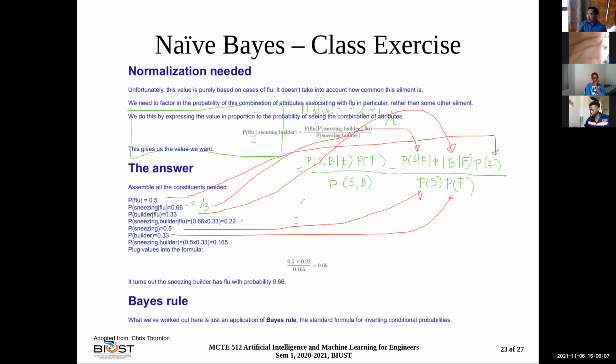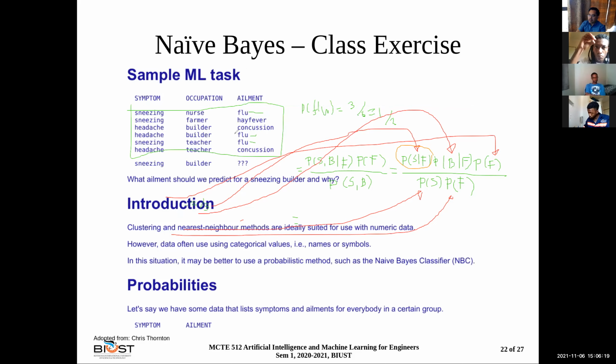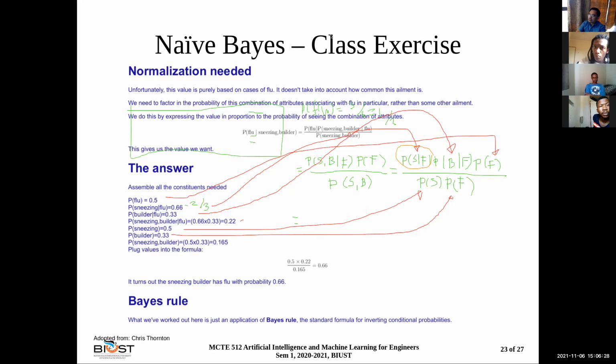Okay, so we know this part, given flu and sneezing. The next part is given flu and is a builder. There are 3 flus and 1 builder, so that's 1/3, which is 33.33.